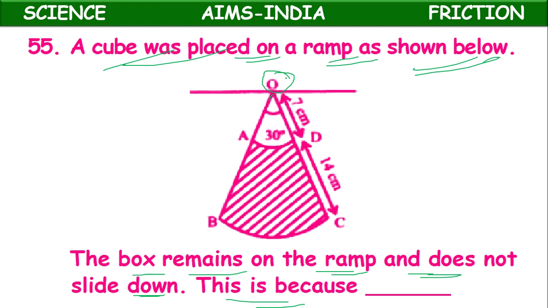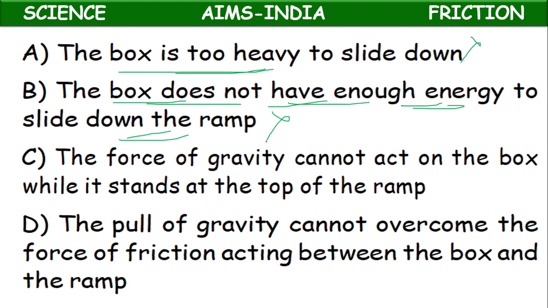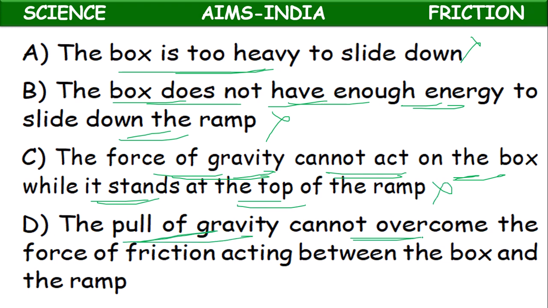We have just now learned that everywhere in the universe, gravity and friction will be working. So here, the box is too heavy to slide down, wrong. The box does not have enough energy to slide down, wrong. The force of gravity cannot act on the box while it stands at the top of the ramp, wrong. The pull of gravity cannot overcome the force of friction acting between the box and ramp.